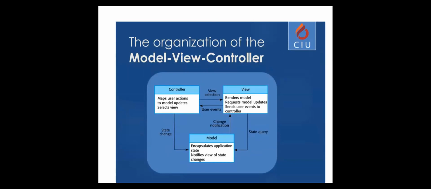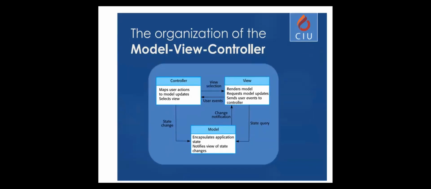Any questions about the organization of model view controller? I assume this is something you already should be familiar with, at least theoretically, because model view controller is now very much popular. Like, it's not even mentioned in job interviews. It's automatically assumed that you should know this.